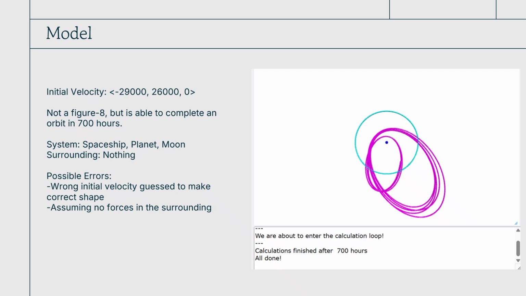Here's my model from part 2, where it did complete, but it didn't make a figure 8. I have my initial velocity listed, and I put the system as the spaceship, the planet, and the moon, and the surroundings as nothing. Some possible errors could be that the wrong initial velocity was guessed to make the correct shape, which is possible as it was guess and check, and assuming no forces were in the surroundings.